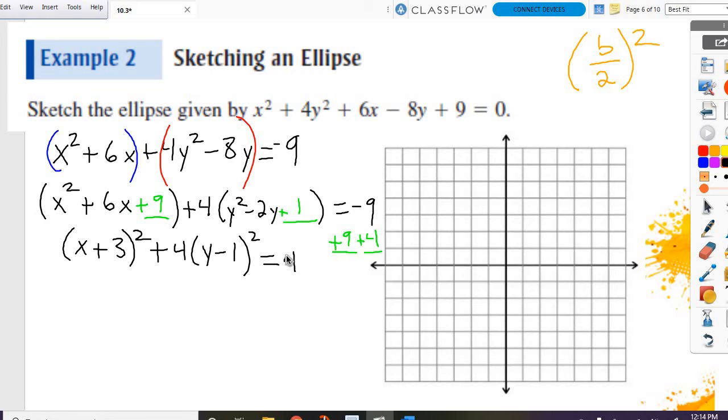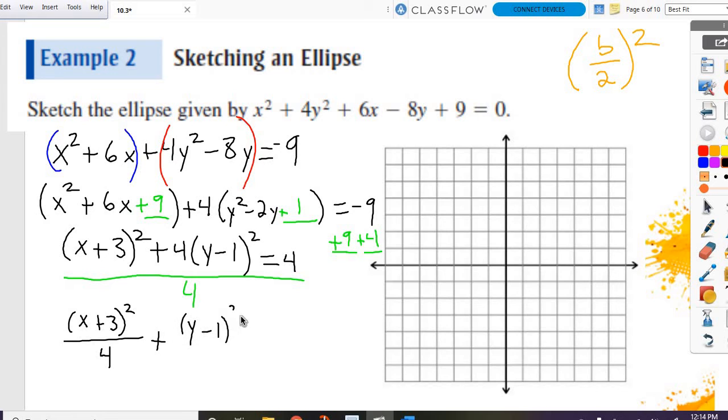And what do our ellipses have to equal? 1. What is our ellipse equaling right now? 4. How do we get rid of the 4? We're going to divide everything by 4 because that's what's going to give us those fractions that give us our A and our B. So we would get x plus 3 quantity squared divided by 4 plus y minus 1 quantity squared.